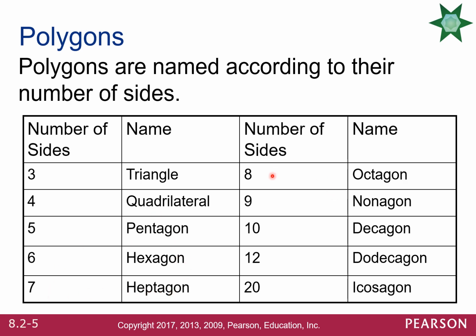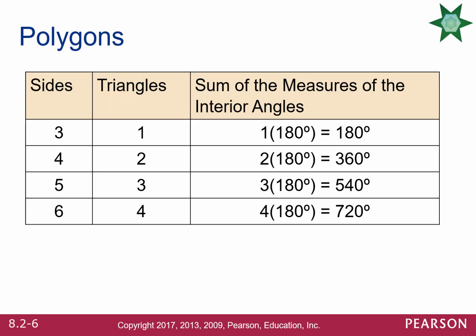And then 8 is an octagon. 9 is a nonagon. 10 is a decagon, 12 is a dodecagon, and 20 is an icosagon. All right. So these are the different names given to polygons based on the number of sides they have.